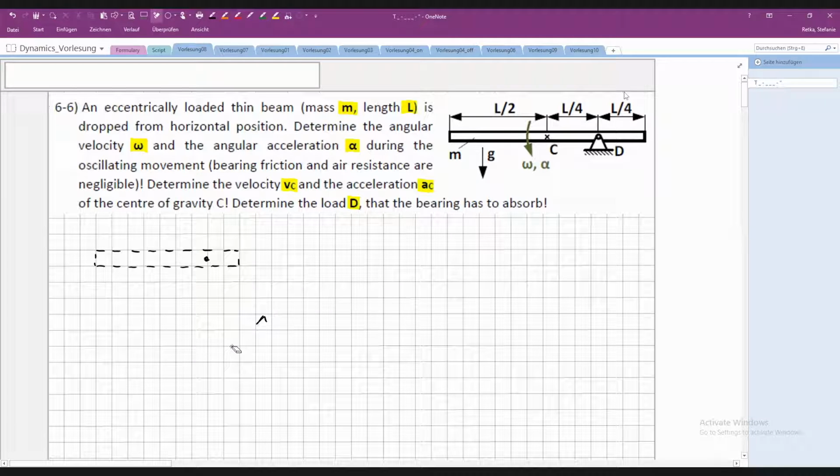And now we draw this beam in an arbitrary position during motion, maybe like this. This is the center of gravity, that might be here.